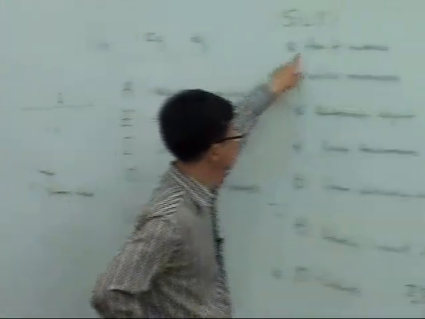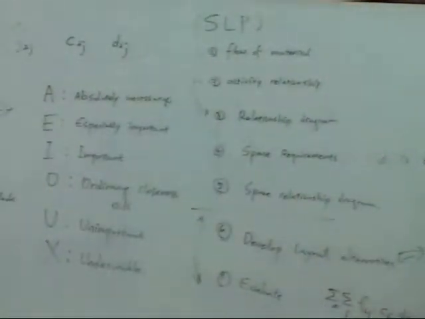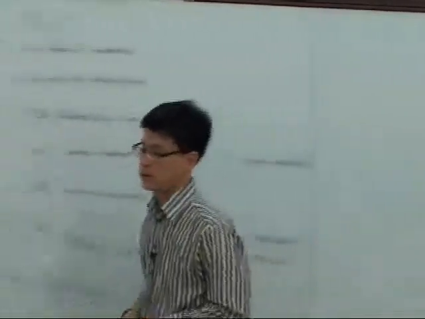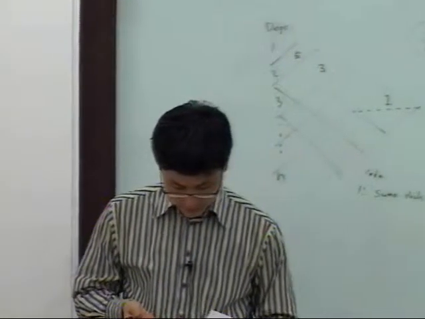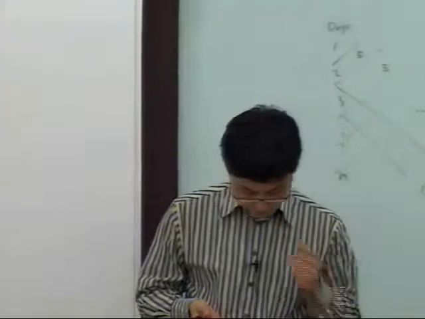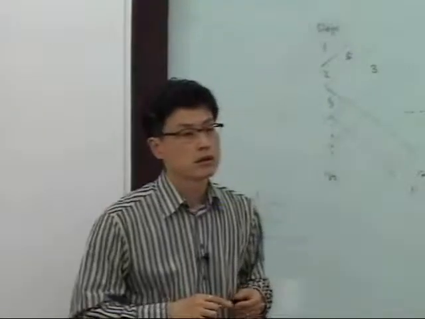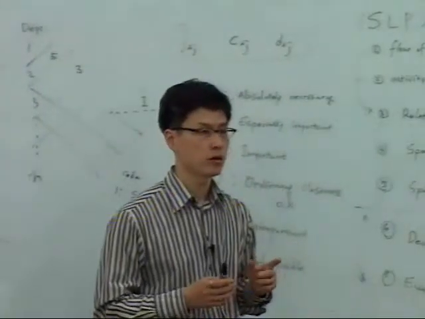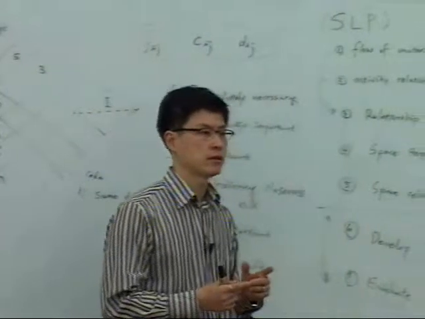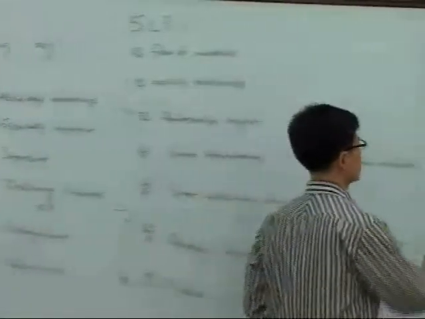Next step is the relationship diagram. This relationship diagram could be very complex, and the best possible thing is to lay it out very nicely at the first stage.